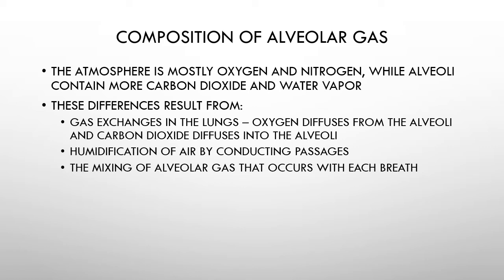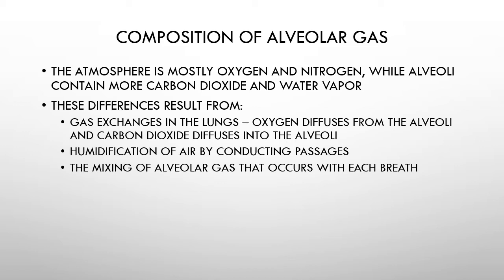Since we don't expire all gases every time that we breathe in, the air that comes into the lungs themselves is a mixture of all of those combinations. And so when we look at the changes from the atmosphere, we see that we have some alterations of the overall concentrations of different gases inside the lungs themselves.